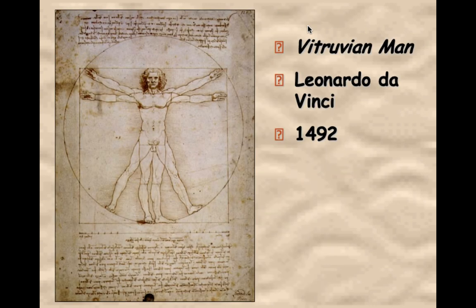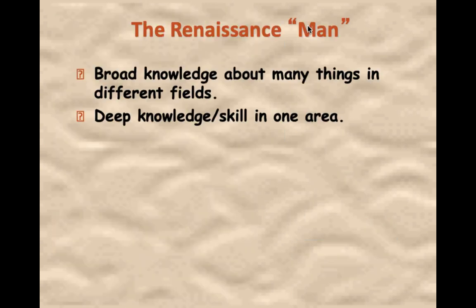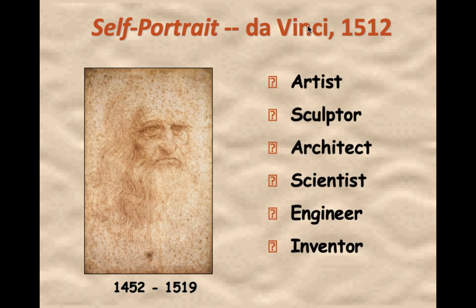The individual, this is Leonardo. And I don't know how many of you have ever seen this before, and maybe you didn't know that that's Leonardo da Vinci's drawing of the perfect human anatomy. And that's Renaissance man. That's Leonardo's self-portrait.